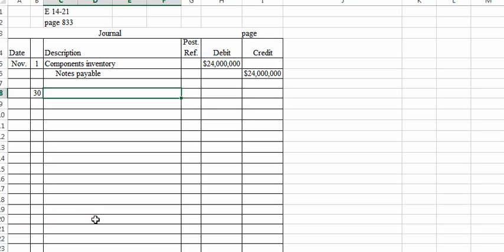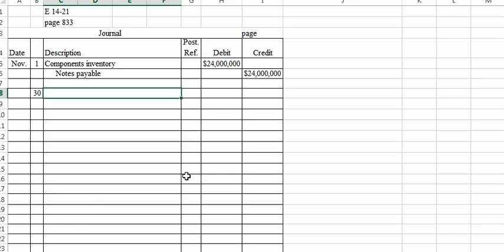Now on November 30th, they're going to make a payment. Well, the first thing we need to do is calculate the amount of the installment payments. And this is going to be something a little bit new for you. LCD issued a one-year installment note to be paid in equal monthly payments at the end of each month.